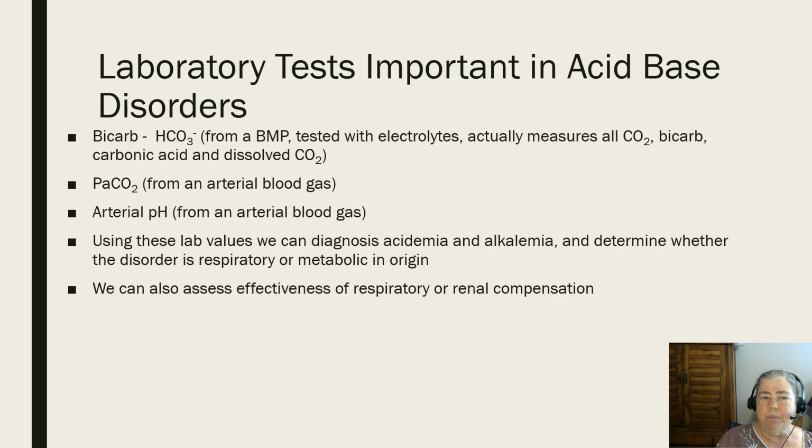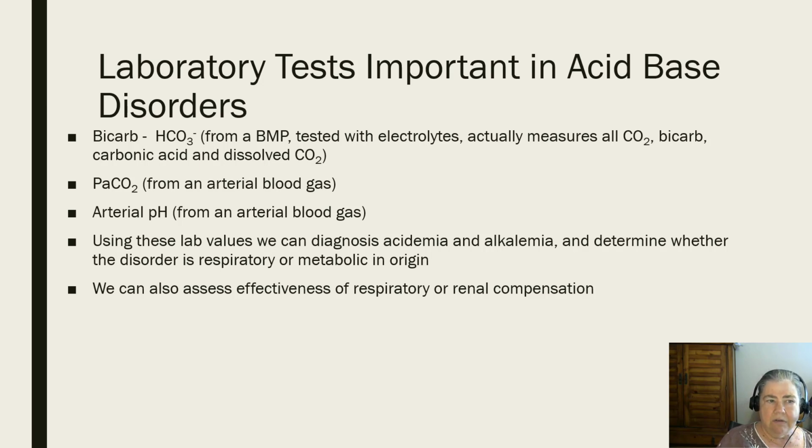We do arterial blood gases, and we look at the arterial partial pressure of CO2 and the arterial pH. And this is where we measure pH on an arterial specimen. pH can be measured on a venous specimen, but it's much more variable and less reliable in terms of diagnosing metabolic acidosis or alkalosis.